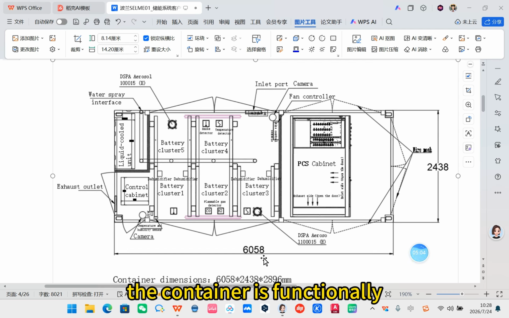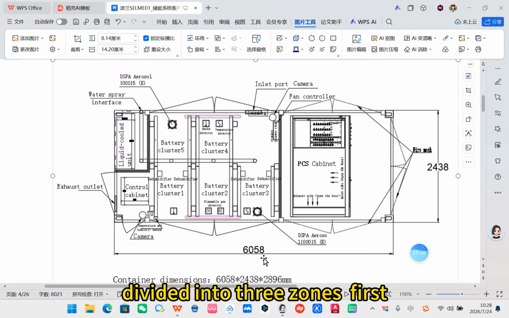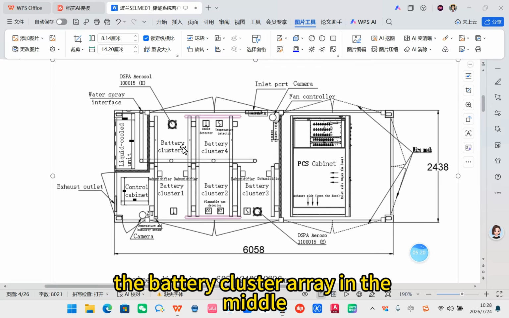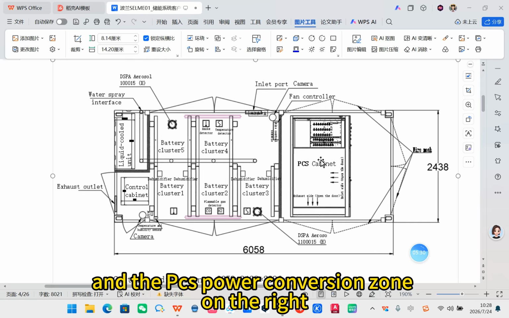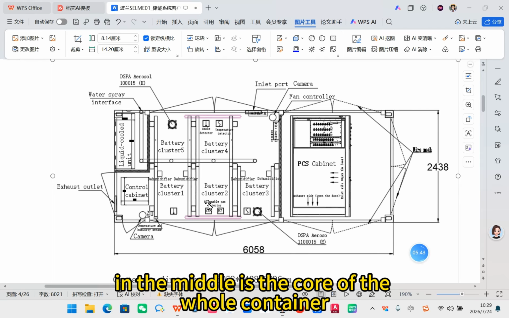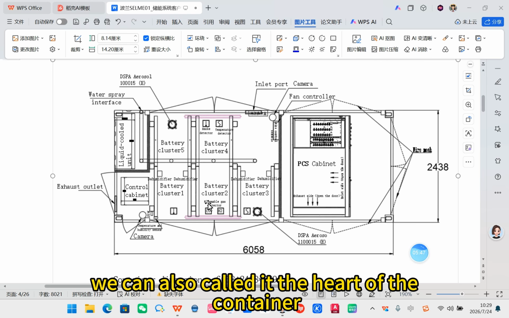The container is functionally divided into 3 zones: the cooling and control zone on the left, the battery cluster array in the middle, and the PCS power conversion zone on the right. First, let's introduce the battery cluster array. In the middle is the core of the whole container, which we can also call the heart of the container.